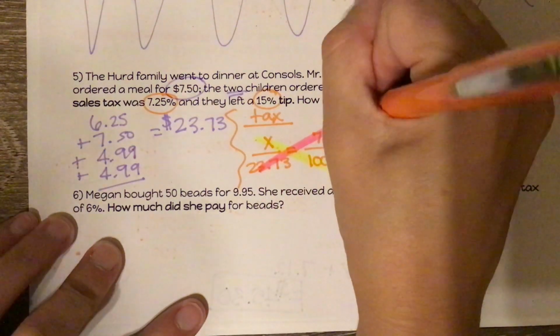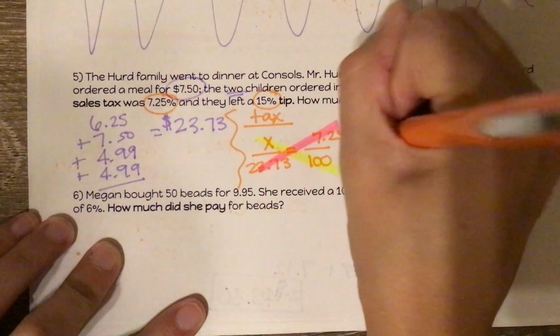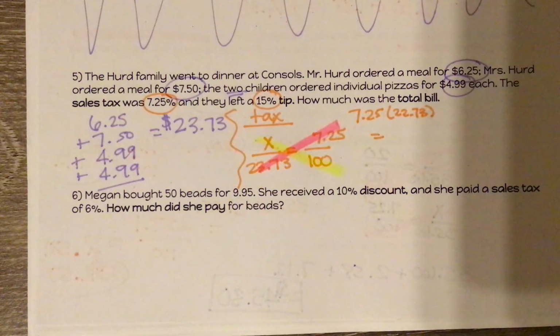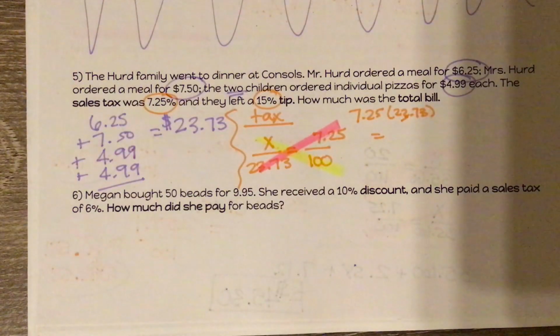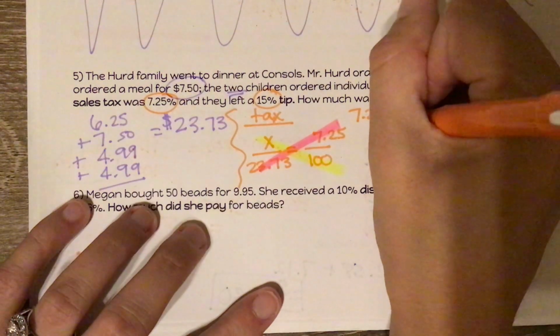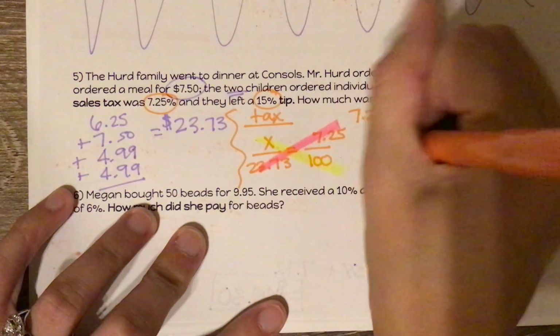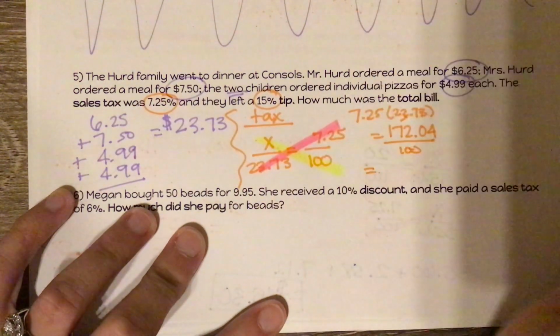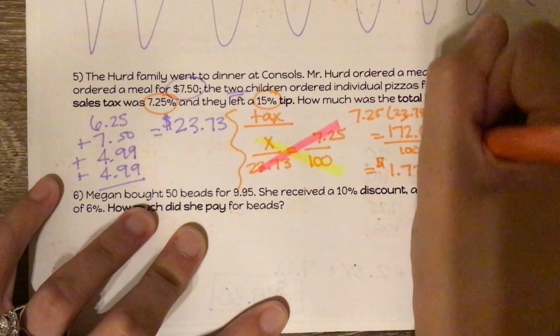So if I do 7.25 times 23.73, I get 172.04. When you round, divided by 100 gives us a tax of about $1.72.